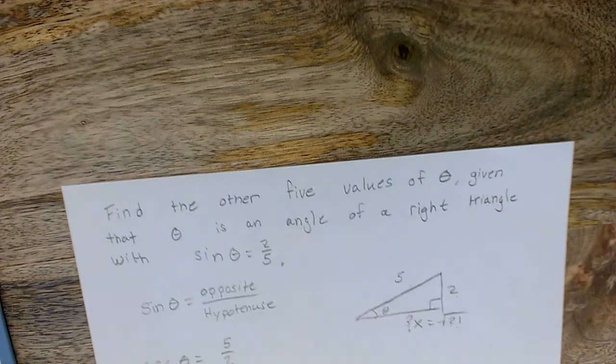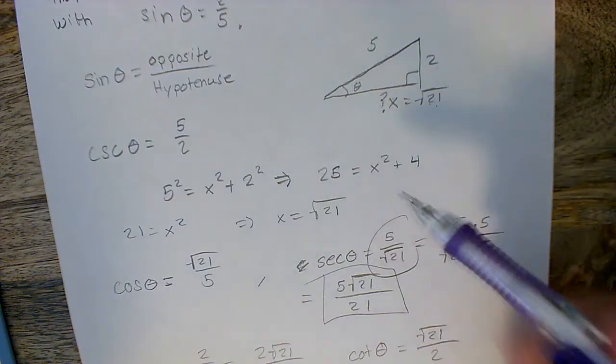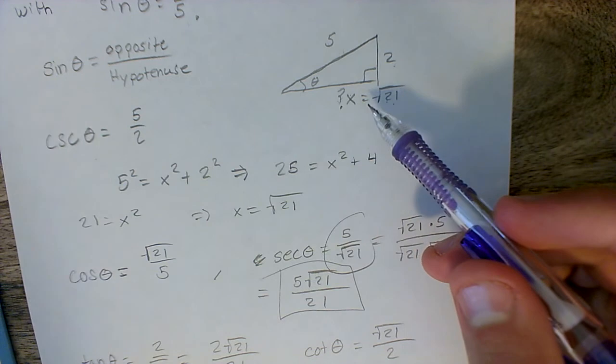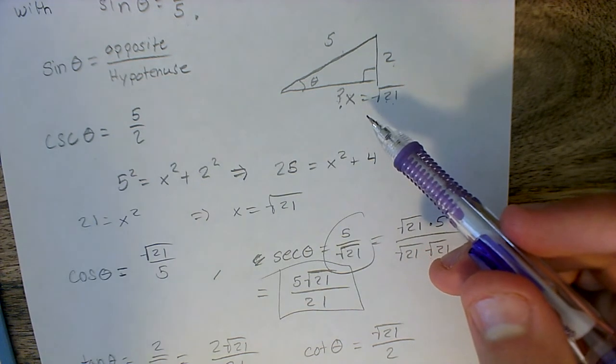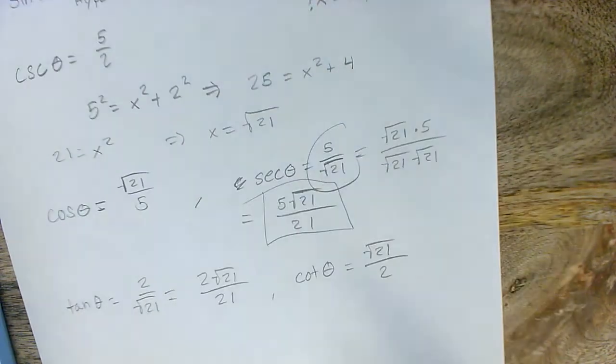So just given this one piece of information, that sine theta is equal to 2 over 5, we figured out the third side of the triangle, and we figured out all 5 other trig values of this angle.